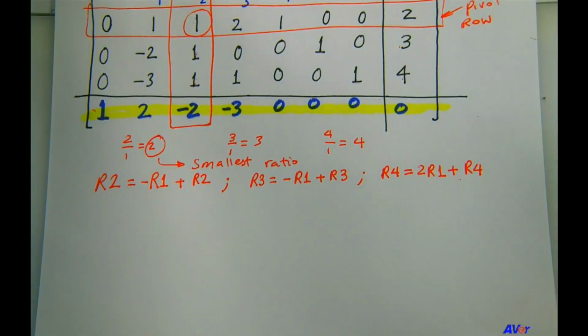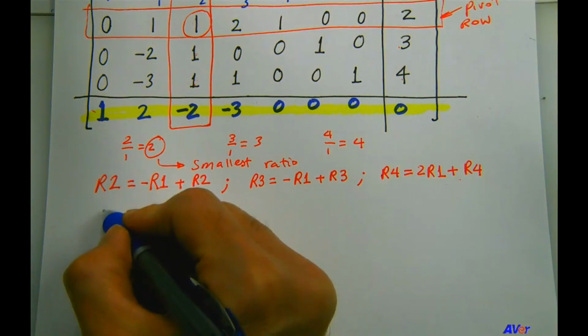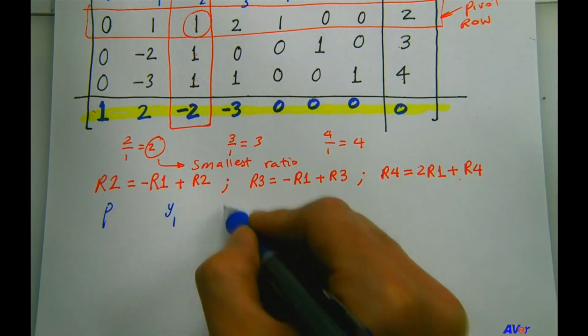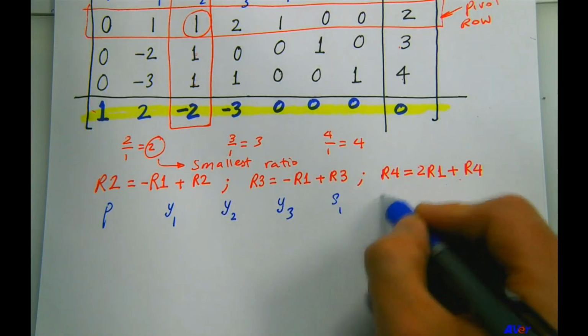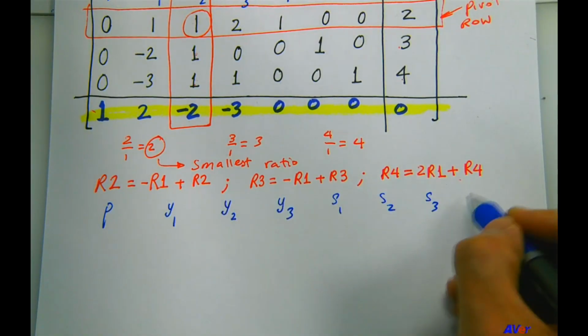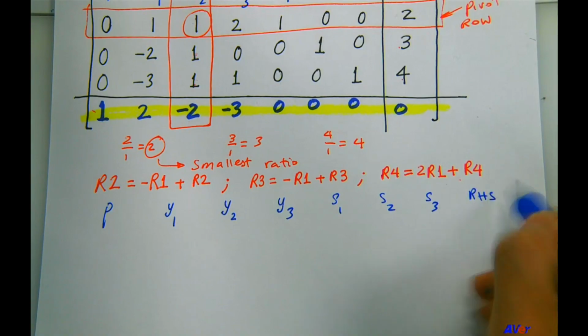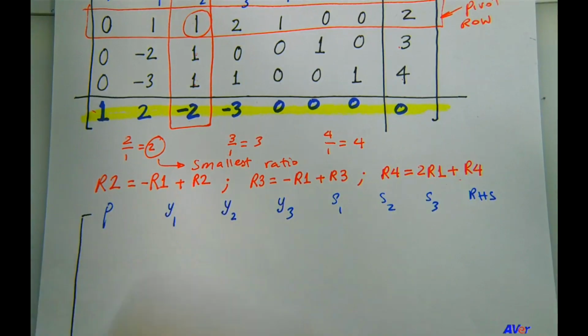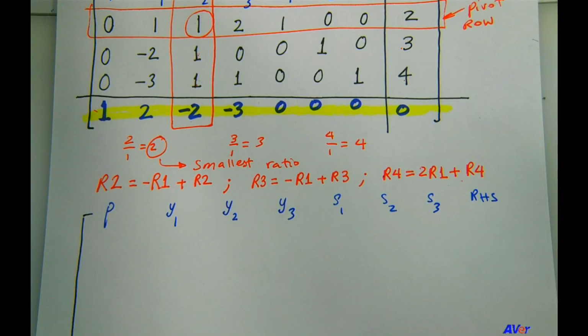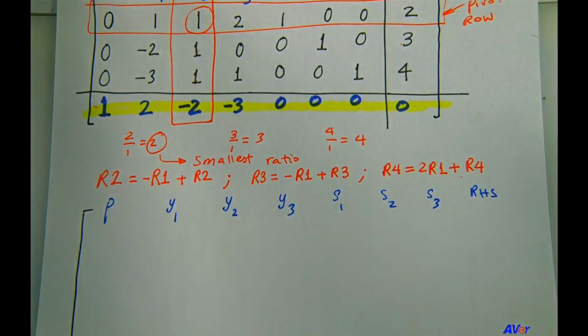We have P, Y1, Y2, Y3, S1, S2, S3, and of course the right-hand side column.